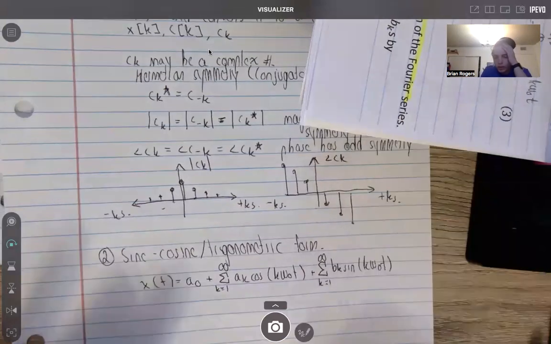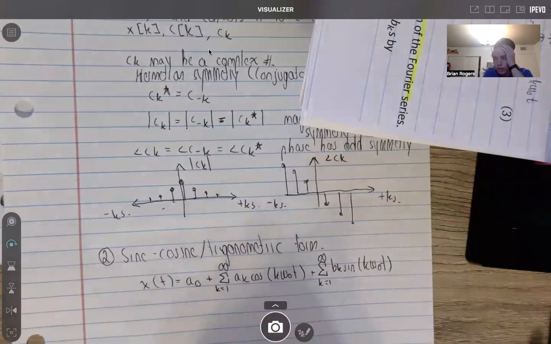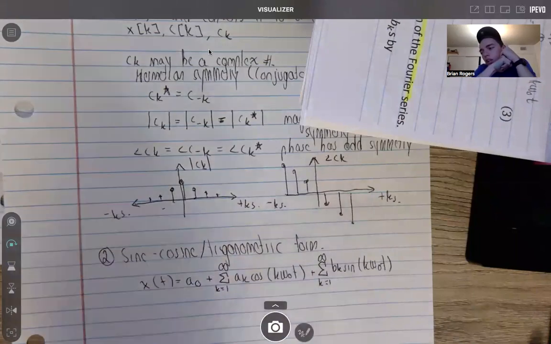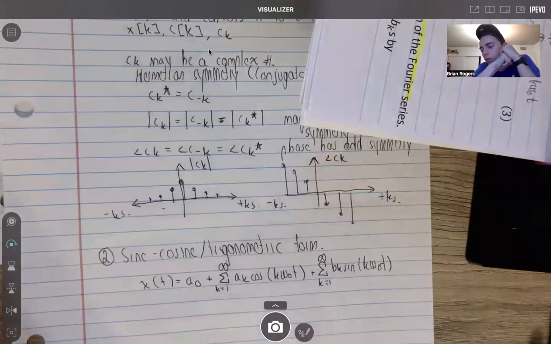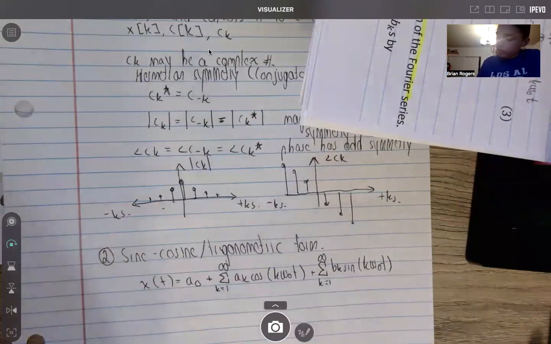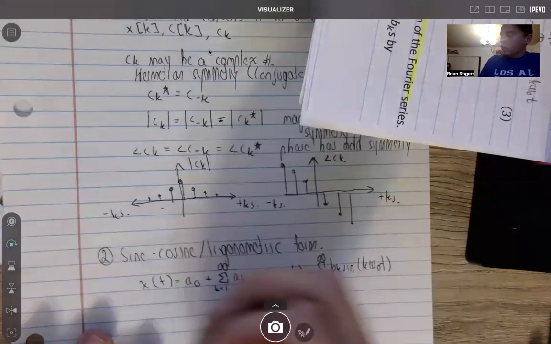Okay, now that we got this, we need to figure out how to find a naught, a k, and b of k. And so here, a naught is going to be when k is equal to 0. And so that would mean basically for even signals, you have to find these coefficients.